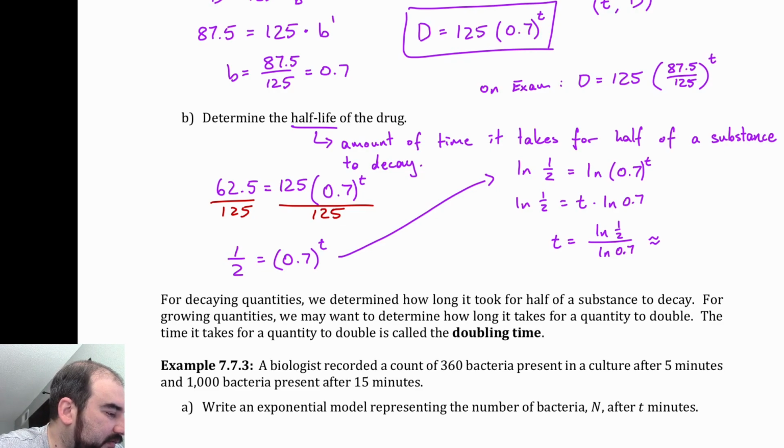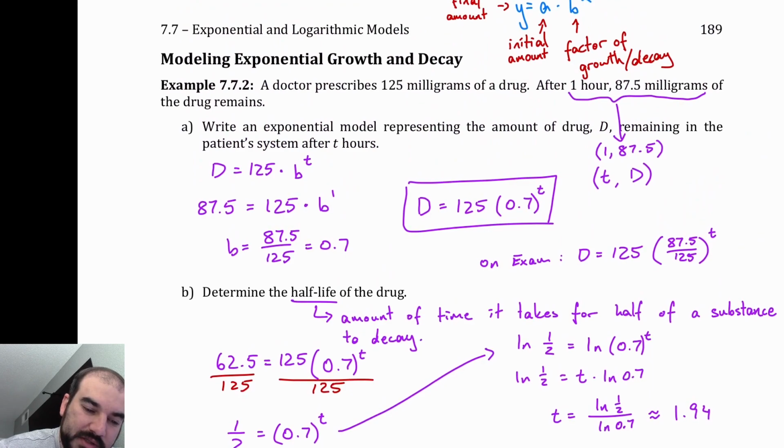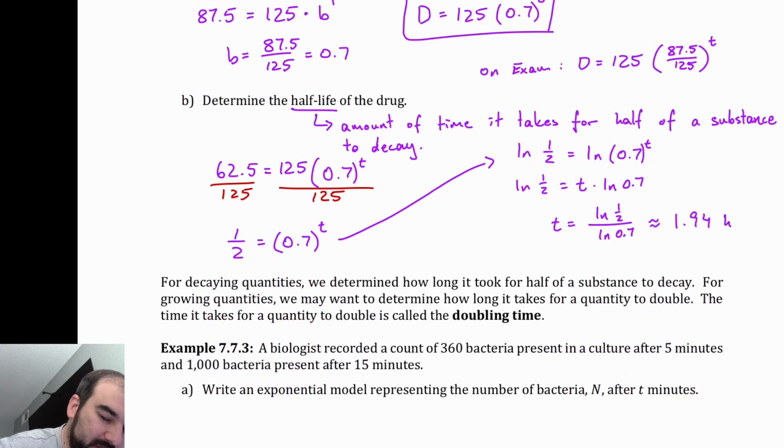Ln of 1/2 divided by ln of 0.7 gives me 1.94 approximately. And this was in terms of hours because our time in the original equation is in terms of hours.